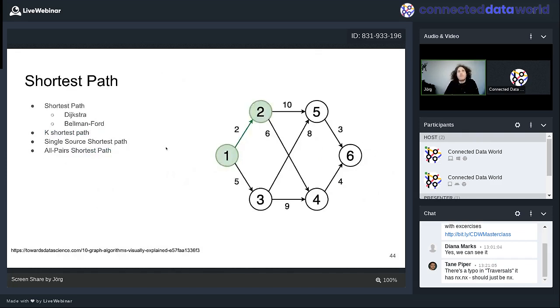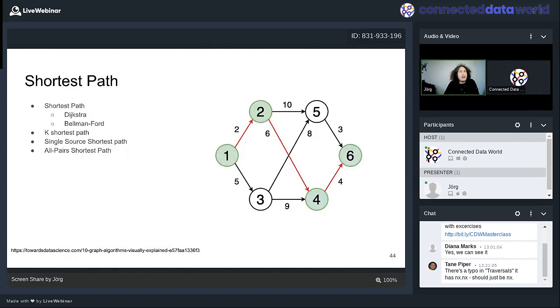Shortest path, I mean, kind of obvious. What is the quickest way of getting from A to B? Still, there exist a number of algorithms for doing so with different properties, for example, considering negative edge weights or other things. Then there are also different variants. For example, I might be interested in the k shortest paths, so not just the one single shortest path, but the k number of shortest paths, so I have a backup if, for example, something fails.